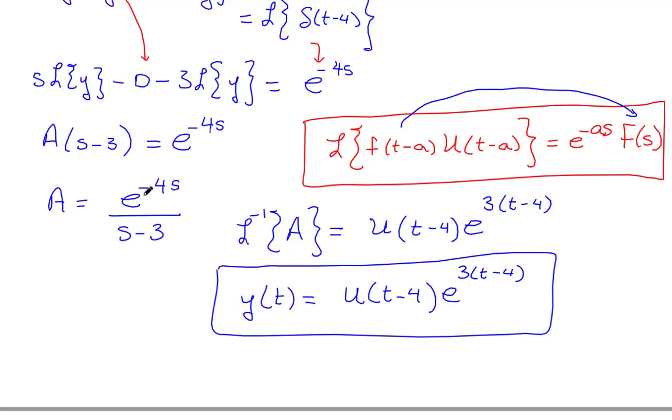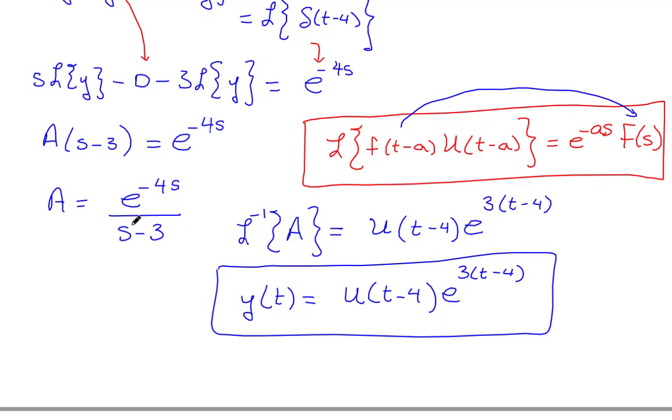Well, looking at this, I recognize that this looks like the Laplace transform of f of t minus a times u of t minus a, because it's of the format e to the minus a s multiplied by a Laplace transform. And so in our case, from the e to the minus 4s, we get u of t minus 4.